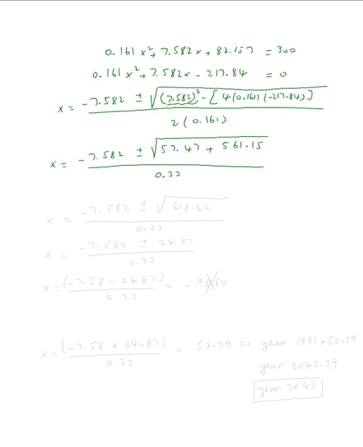Now we need to add those numbers inside the radical. If we add the numbers inside, we get 618.62. Now we need to do the square root. The square root of 618.62 is 24.87.